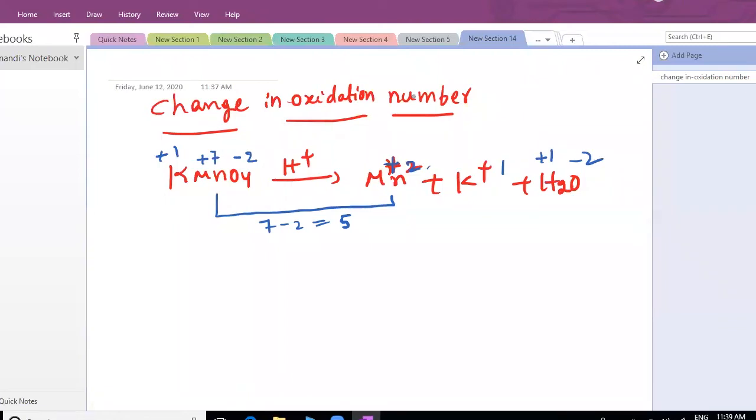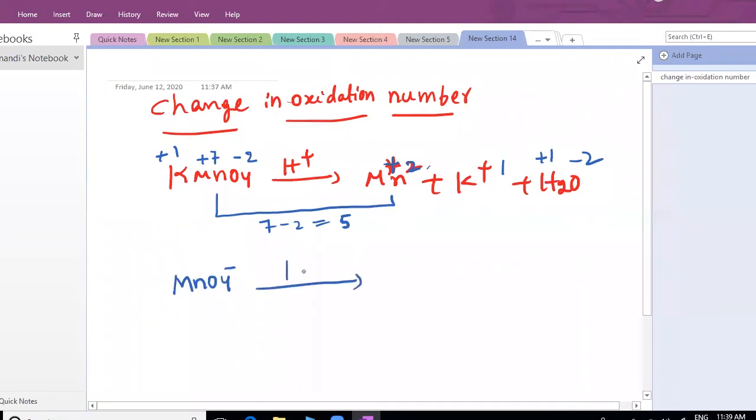Next example, sir. H2O means neutral. pH is 7, I hope you know that. In this case, it is converted into MnO2.